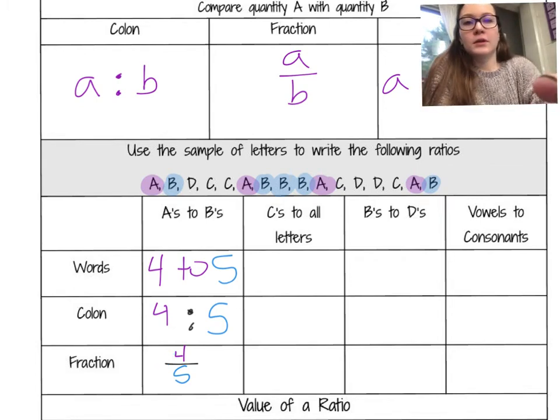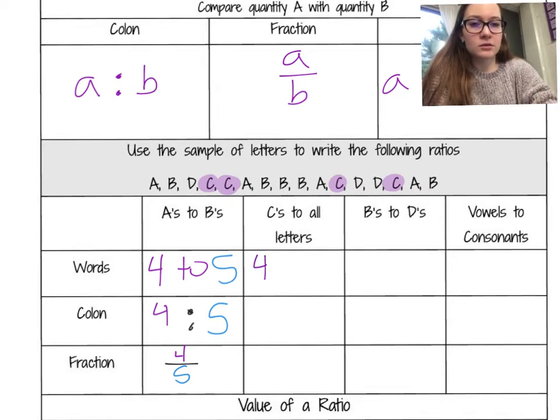Okay, next example, we're going to find the ratio of C's to all letters. So there's 1, 2, 3, 4 C's, and 1, 2, 3, 4, 5, 6, 7, 8, 9, 10, 11, 12, 13, 14, 15, 16 letters.